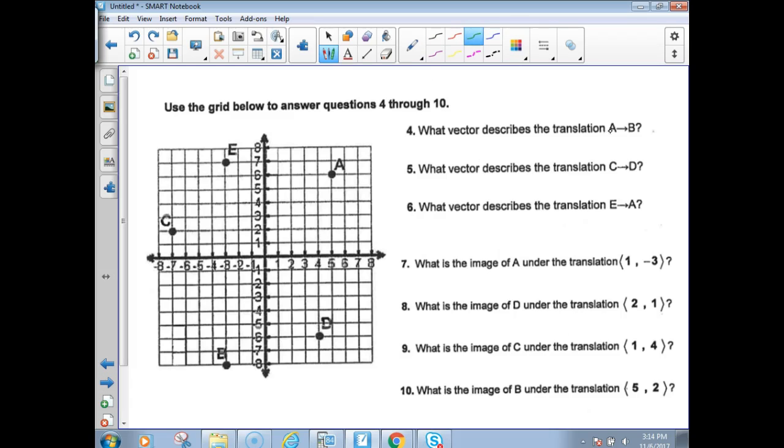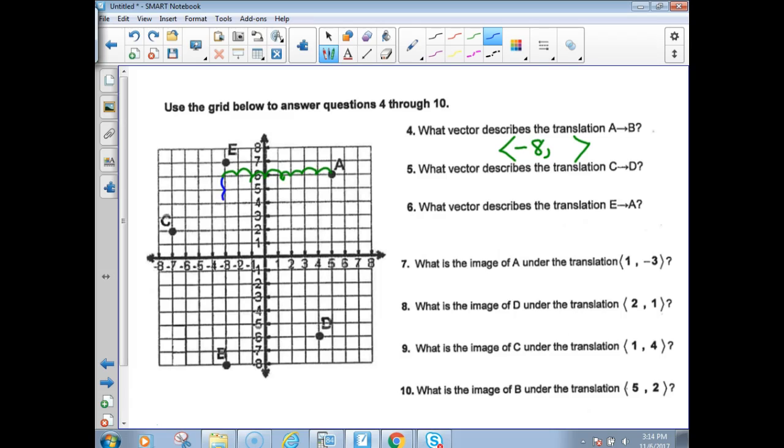What vector describes the translation of going from A to B? Okay, so you're going to count 1, 2, 3, 4, 5, 6, oh dear, 7, 8, and then I had to go 8 left. So the first number is -8. All right, next I have to come down.